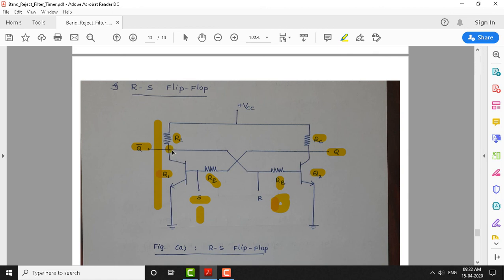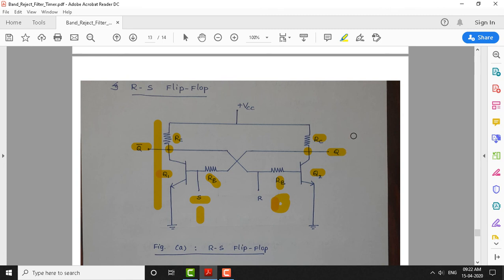Once this voltage drops to 0, the input voltage for Q2 becomes 0, therefore Q2 will be off. So when we apply input to the S input, Q1 becomes on and Q2 becomes off, because the base voltage is not sufficient to turn on Q2.